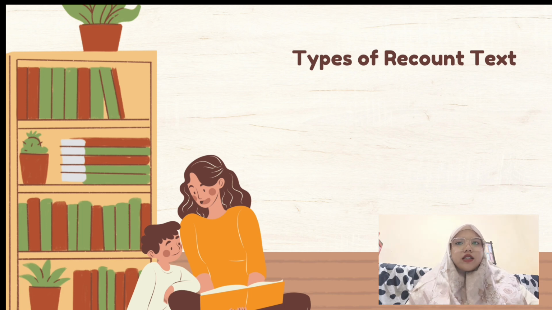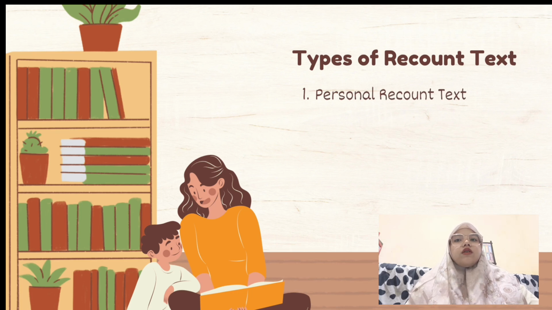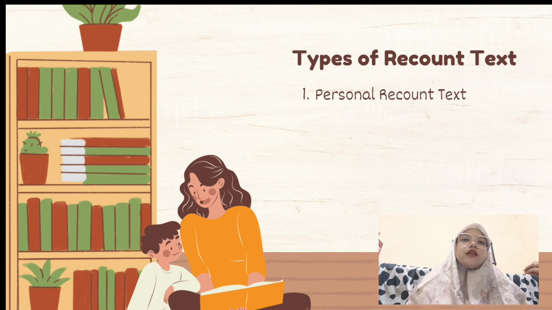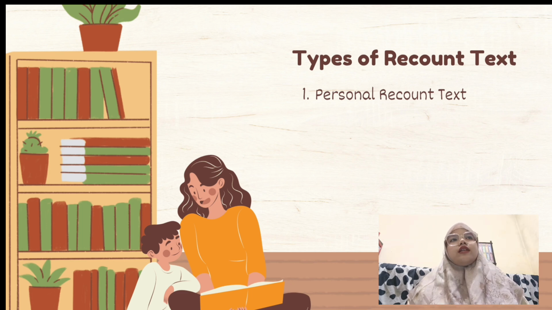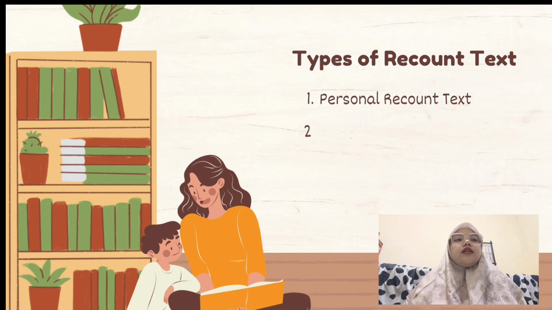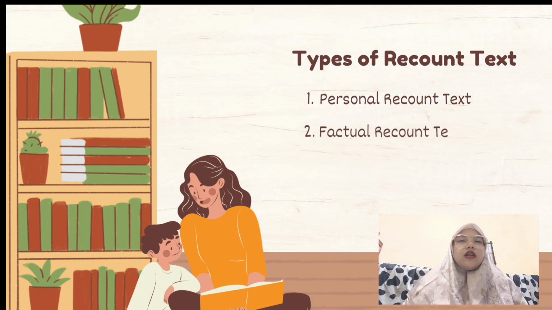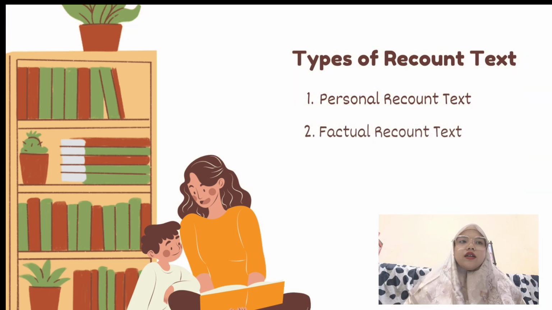We're going to learn the types of recount text. The first is personal recount text. Personal recount is retelling a personal experience such as a holiday or birthday. Yeah, like what you tell about your personal experience. And the second is factual recount text. It is reporting a real event like a news report or historical event.